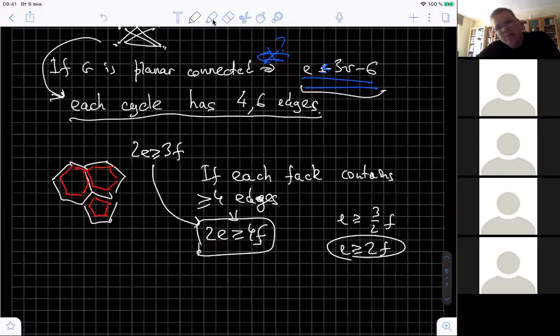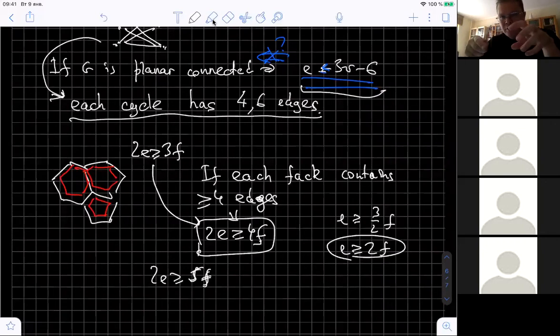So if it is 5, then what will happen? If each face contains more than 5 edges, then we will have 2e greater or equal than 5f, for the same reason, because I can calculate all the edges in the faces.